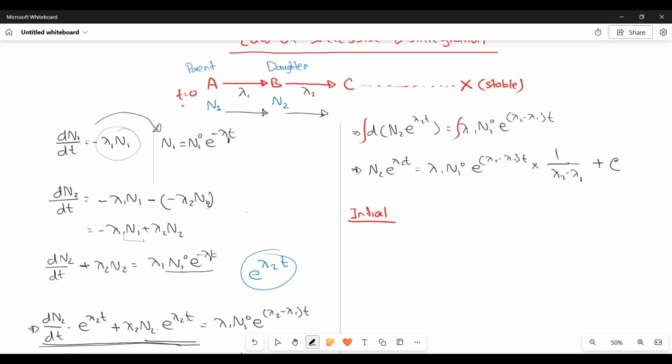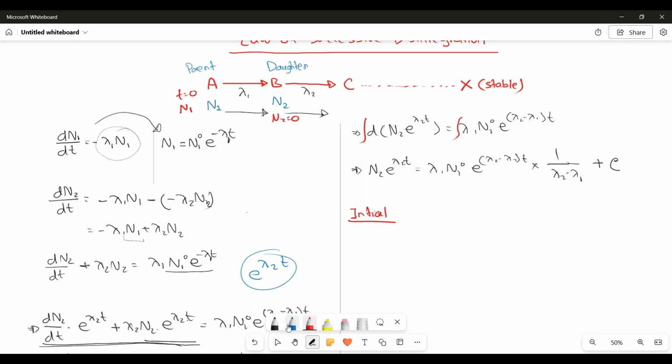and when t equals 0, there was N1, that is right, but there was no N2, right? Because at the initial state, the parent hasn't gone through any radioactive reaction. So the daughter doesn't exist at t equals 0. So N2 is 0.